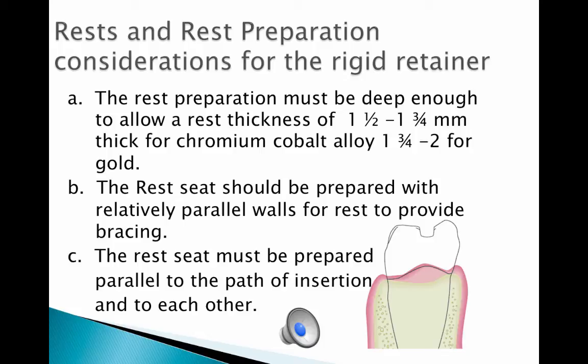The rest seat should be prepared with relatively parallel walls for the rest to provide a bracing type of situation. This is comparative to our regular rest preps, which we would like to see more spoon-shaped and definitely not with parallel walls. The rest seat must be prepared parallel to the path of insertion and parallel to one another, or else the partial framework will not seat.